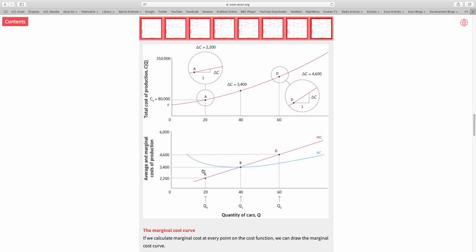What happens if we add $2,200 to $4,000? It's going to drag our average further down. So, as long as the marginal cost curve is below the average cost curve, it's going to drag the average down to the point where both of these things are the same.